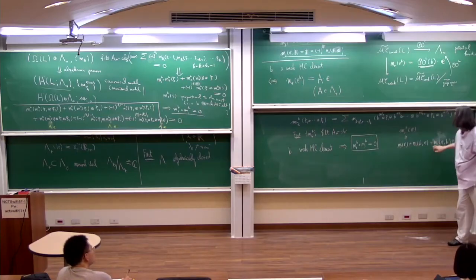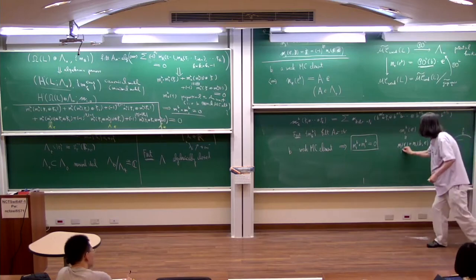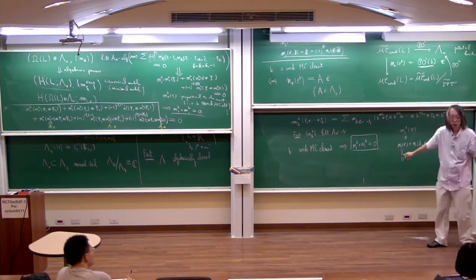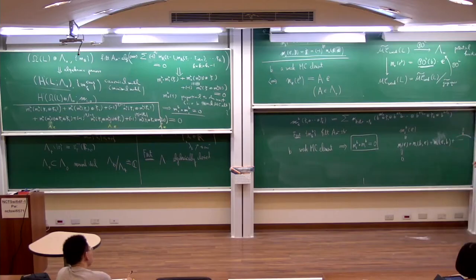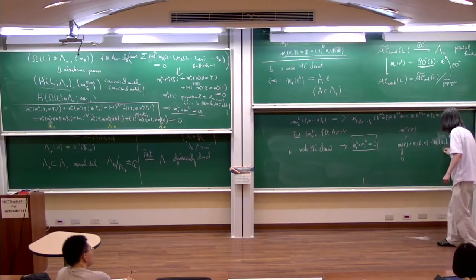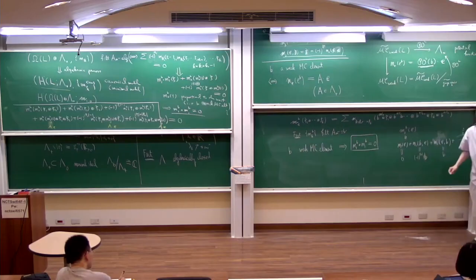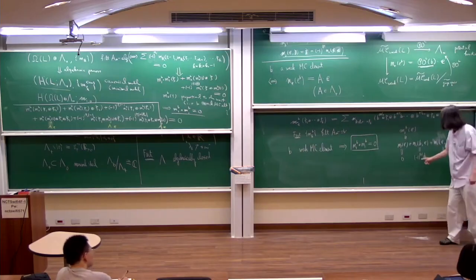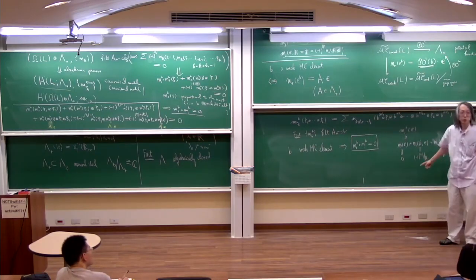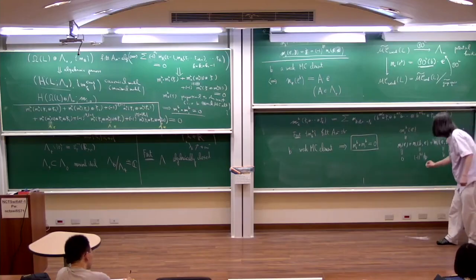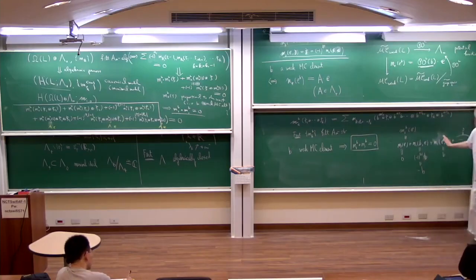So we have only these things. This one is equal to 0 by the definition of unit. And these two actually cancel out, because this one is equal to B, but this one is equal to -1 to the degree of B, of B of E, so B of B. But we assume that this one is degree 1, or odd degree, so this one is equal to -B, so therefore they cancel.